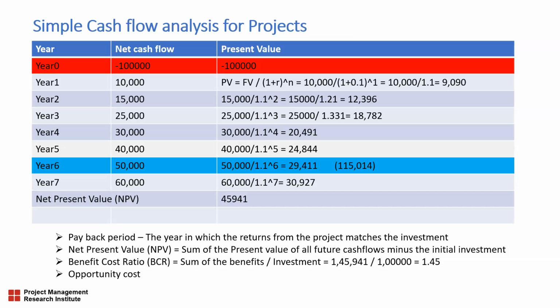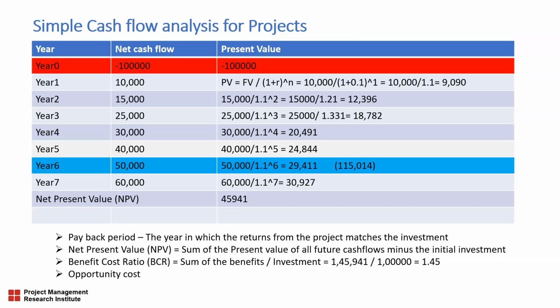So this is the simplest form of a cash flow analysis, and the most important thing is that a cash flow analysis must be performed before deciding on the project. Otherwise, we'll be blindly jumping into the project, only to realize later that there is no business case, and by that time a lot of money is sunk into the project.